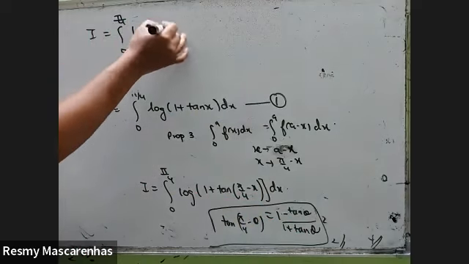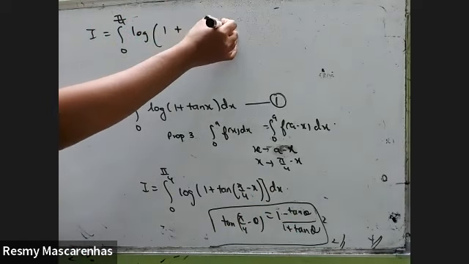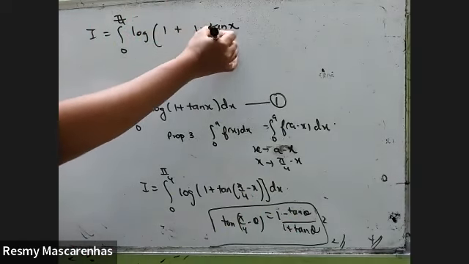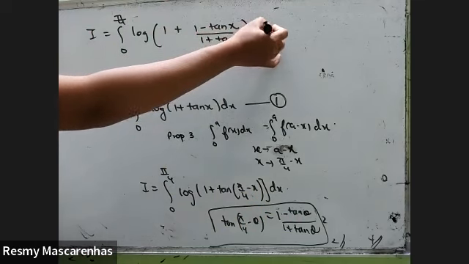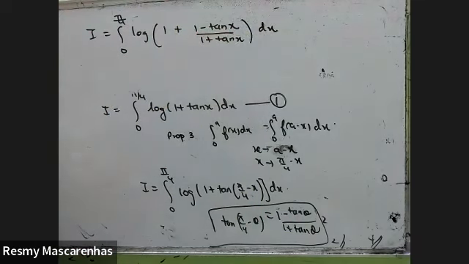log of 1 plus 1 minus tan x upon 1 plus tan x, and now you cross multiply.